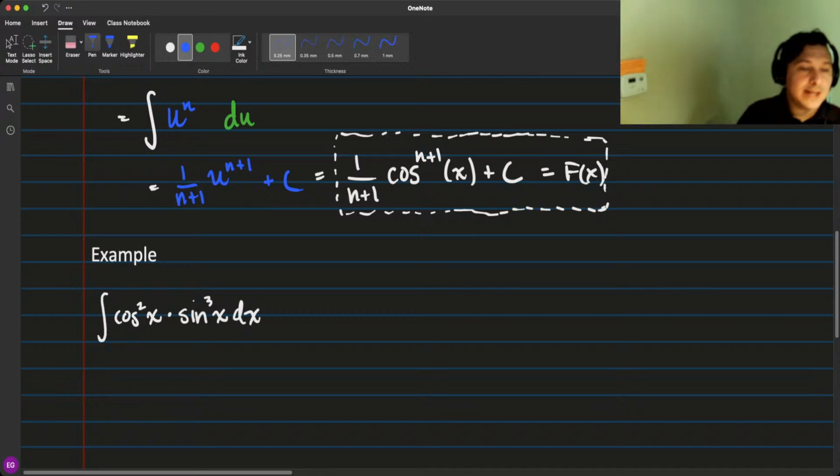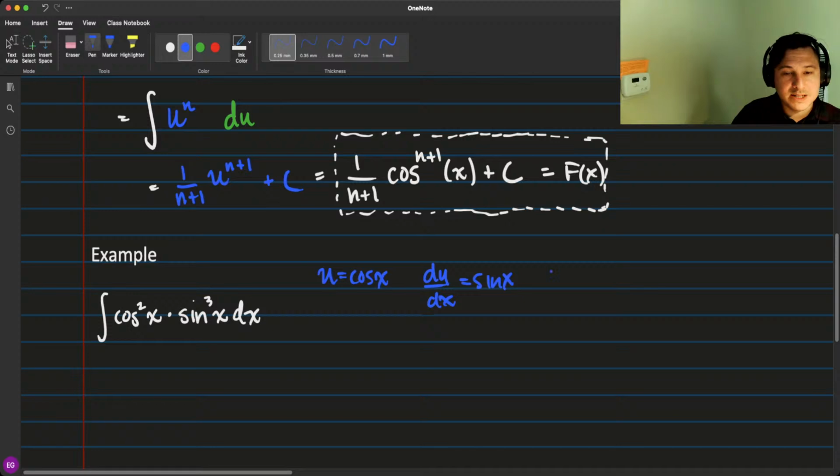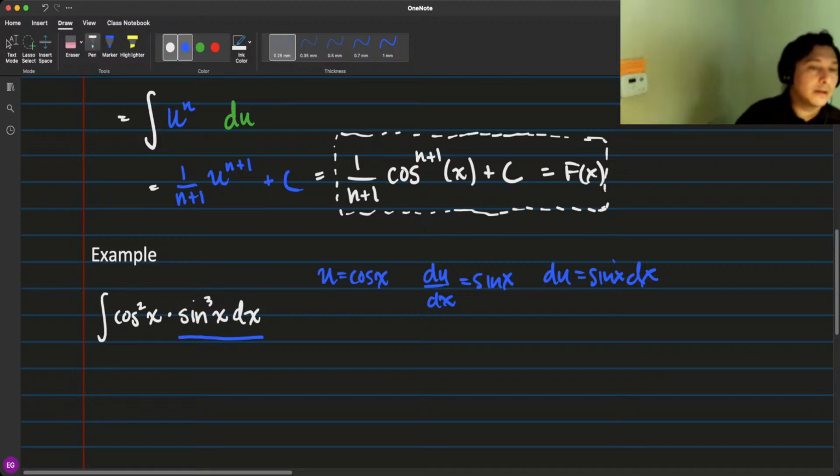Notice that I can't just set u equal to cosine, because my du would be sine x dx, and I can't just replace this with du, because it's not just sine x dx, it's sine to some power dx. So that's not going to work. Sad face.